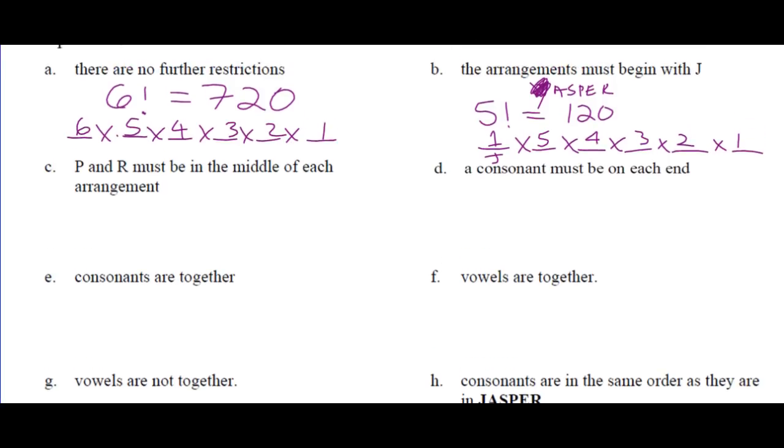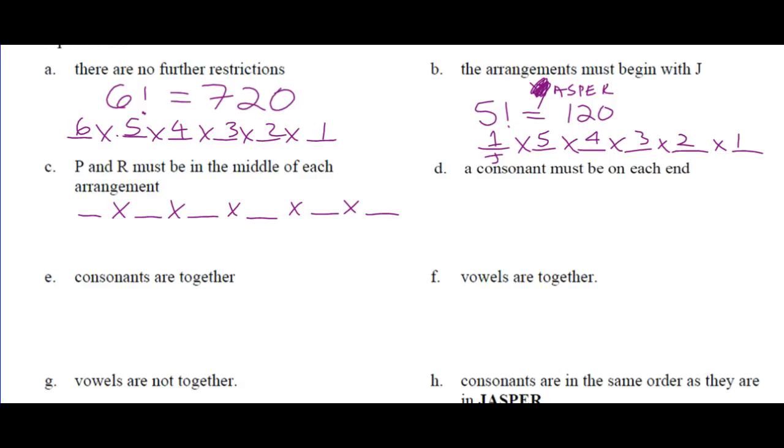P and R must be in the middle of each arrangement. So we do have a middle, right? We've got 1, 2, 3, 4, 5, 6. We've got 6 spots. How many choices do you have for the first letter? 4, right?